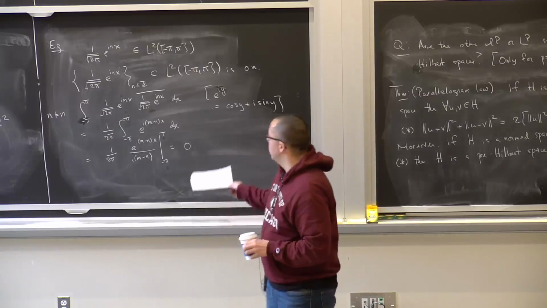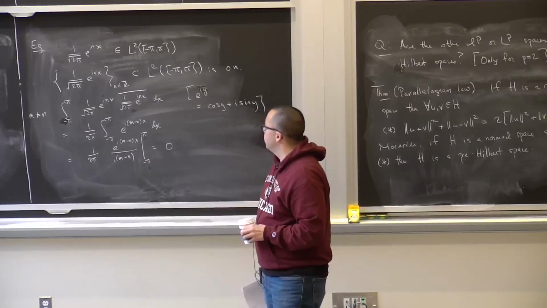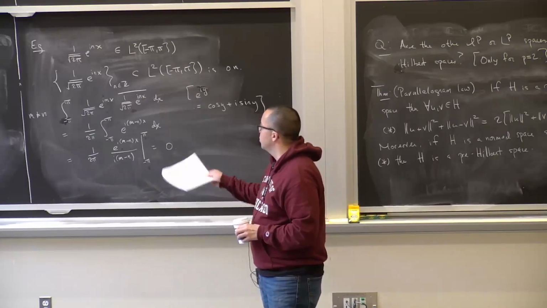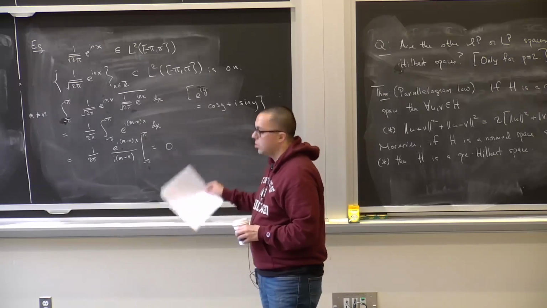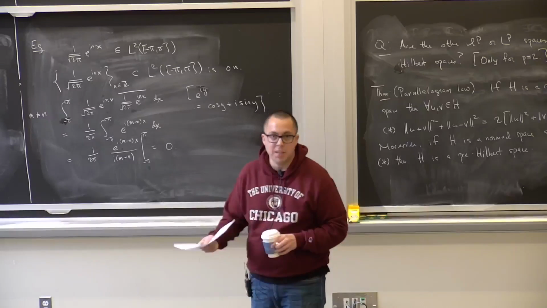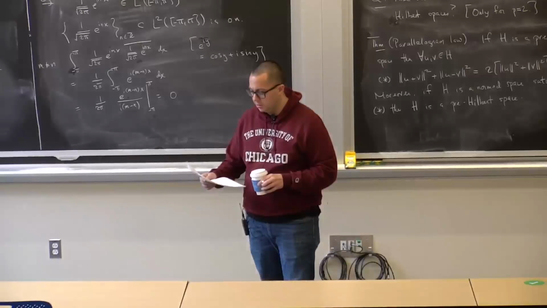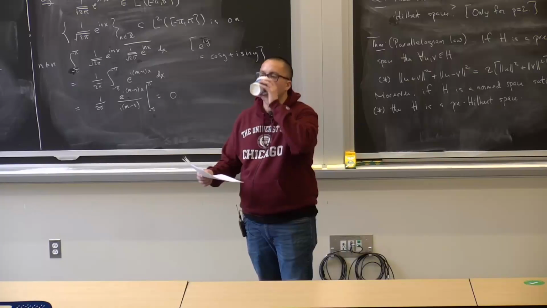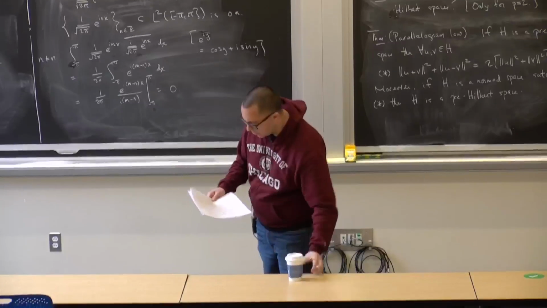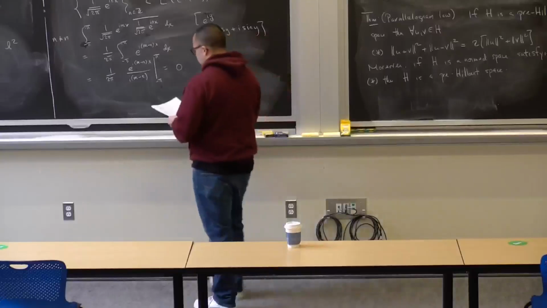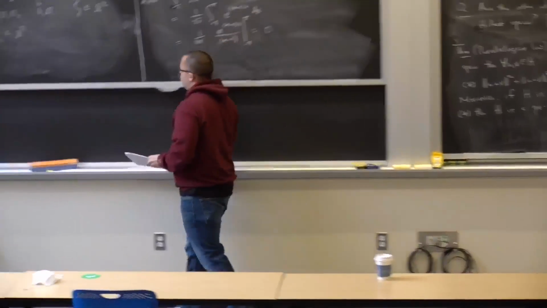So, this collection of vectors, and I'm calling them vectors, but this collection of elements in big L2, is still countable, even though I'm indexing it by the integers rather than the natural numbers. Okay, so we have the following.